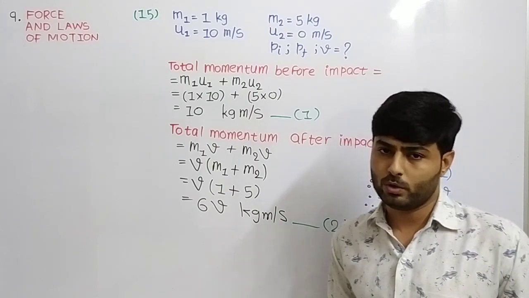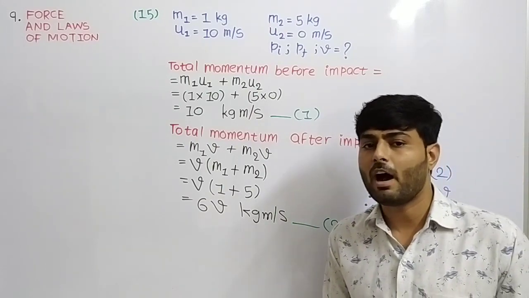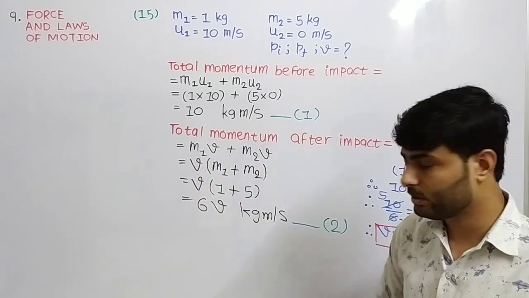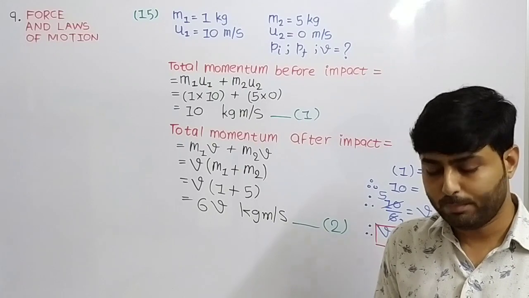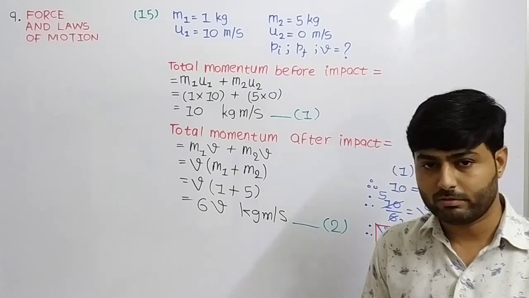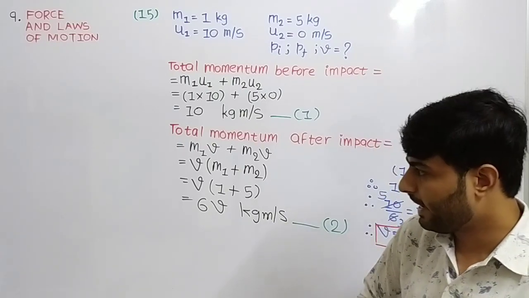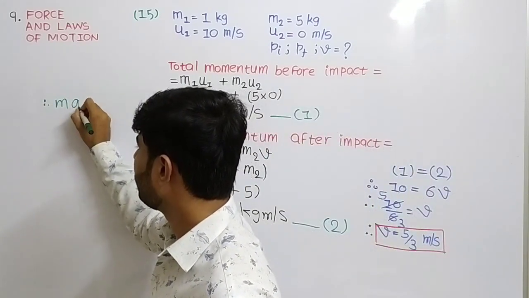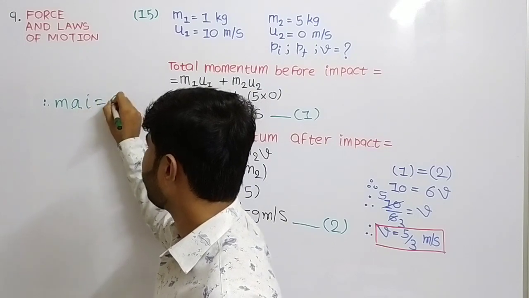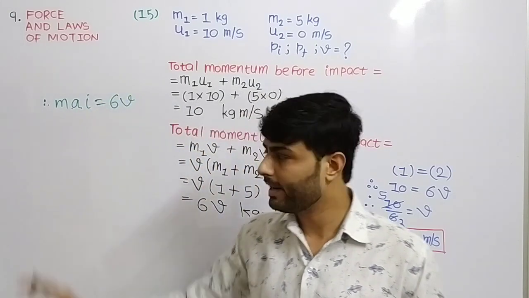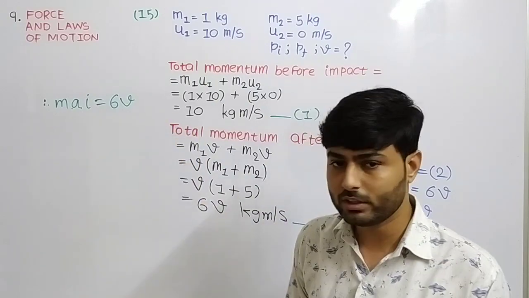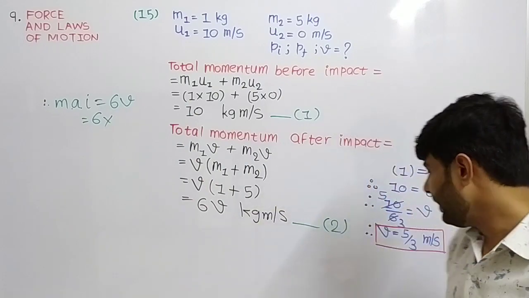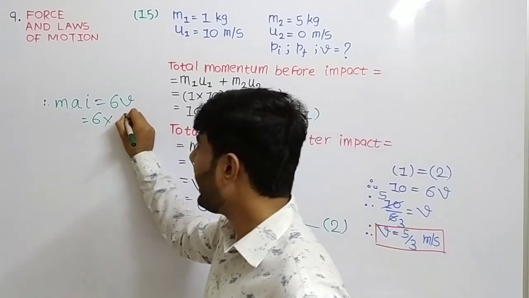Here we have one more question, that is momentum after impact. What is momentum after impact? That is 6v. So let's put the value in result 6v. Momentum after impact is equal to 6v. So I can write 6 multiplied by, what is the value of v? We have v as 5 by 3.